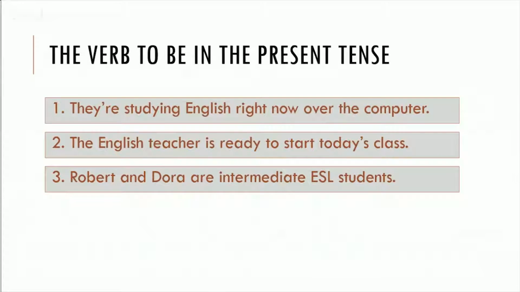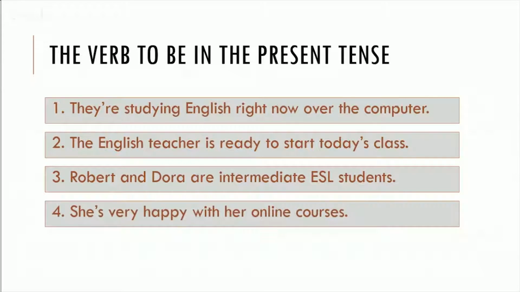And in the next sentence, we have, Robert and Dora are intermediate ESL students, right? Robert and Dora are intermediate ESL students. That's the next sentence, okay? And that one means Roberto y Dora son estudiantes de ESL intermedios, right? That's what we have.